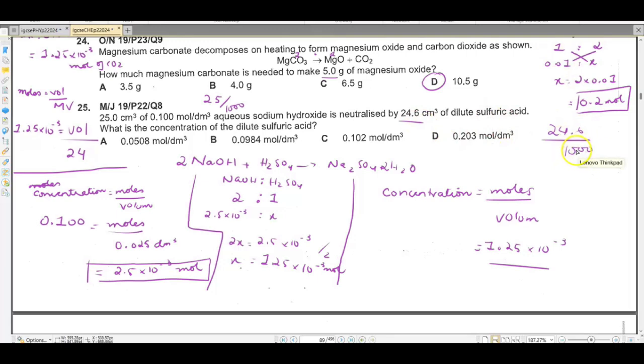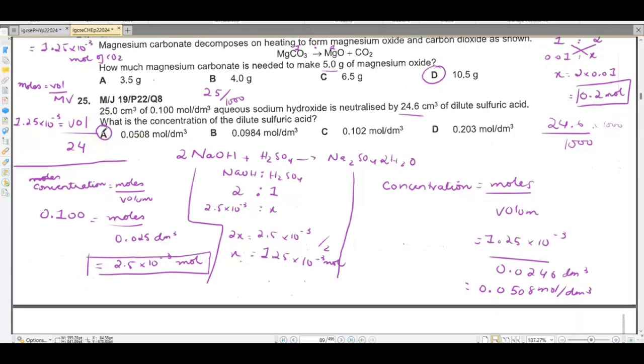So this is going to give us 0.0246 decimeter cubes, and after we divide this, the concentration would be 0.0508 mole per decimeter cubes, and the answer is also in mole per decimeter cubes. So A is our correct option.